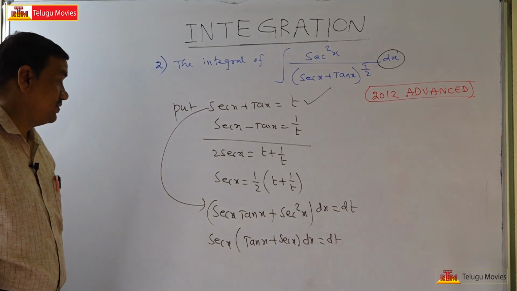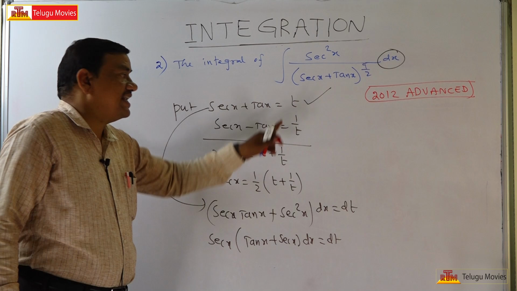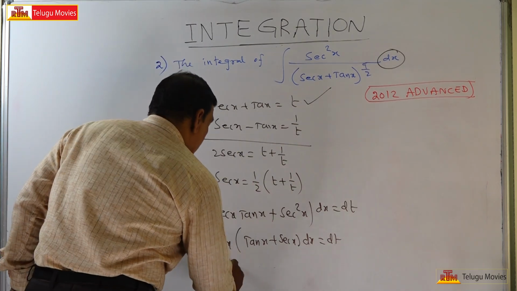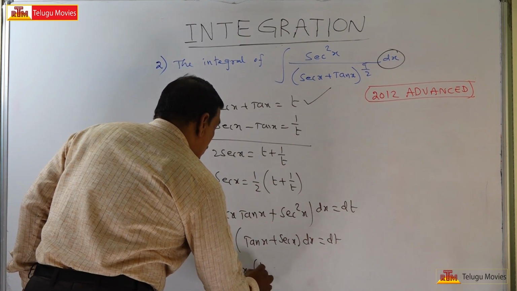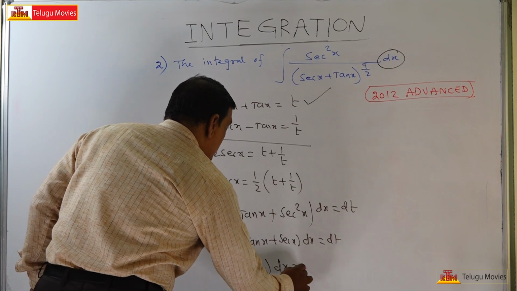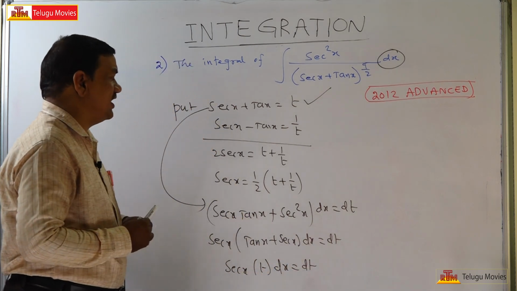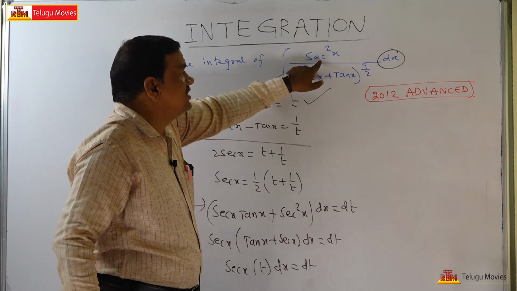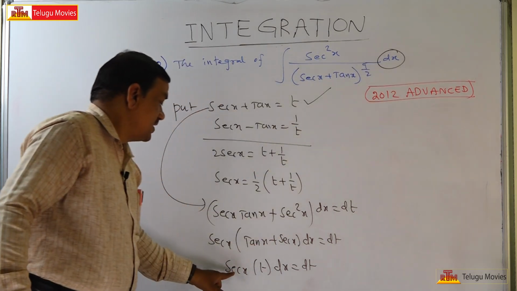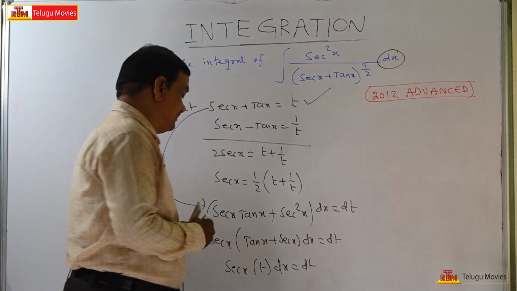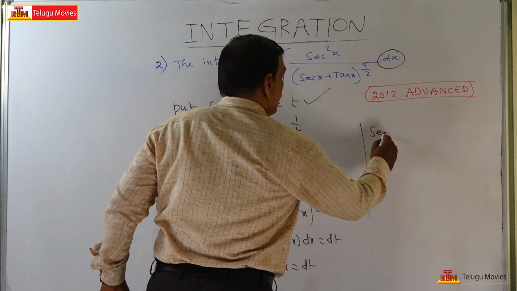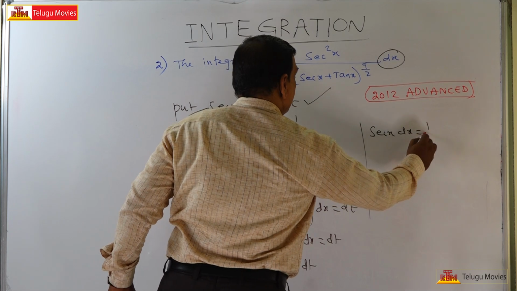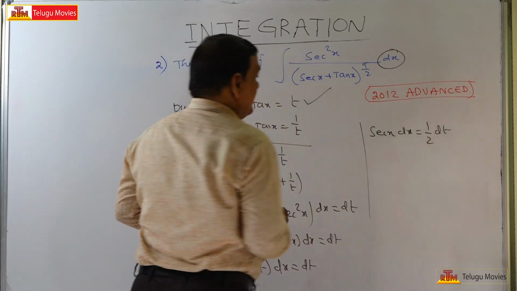Secant x plus tan x is again t. Therefore, secant x into t dx is equal to dt. Okay, put it like that, no problem. Because here we have secant x into dx, so secant x into dx is equal to dt by t.